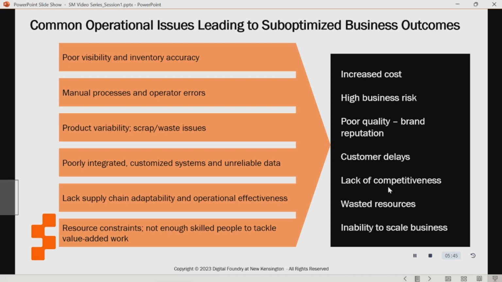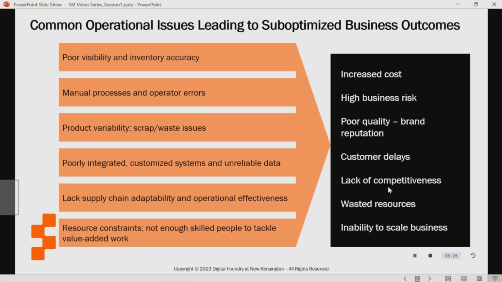Some of the things that manufacturers felt they most needed to address that smart manufacturing may be able to help them with was poor visibility to inventory and inventory accuracy, manual processes that resulted often in operator errors, product variability, scrap, waste issues, the poor integration in customized systems and unreliability of data, lack of supply chain adaptability and operational effectiveness, as well as resource constrained and in particular not enough skilled people to tackle some of the value-added work that's needed to get products to market effectively.